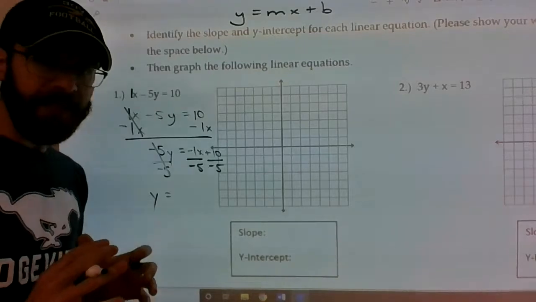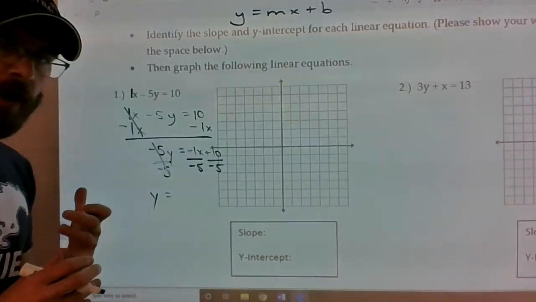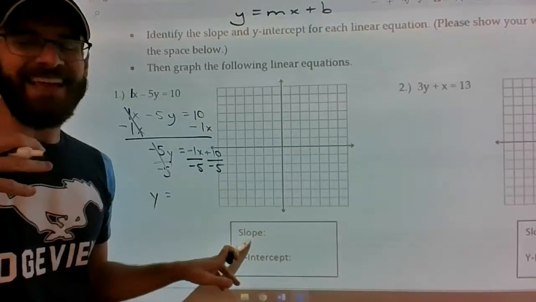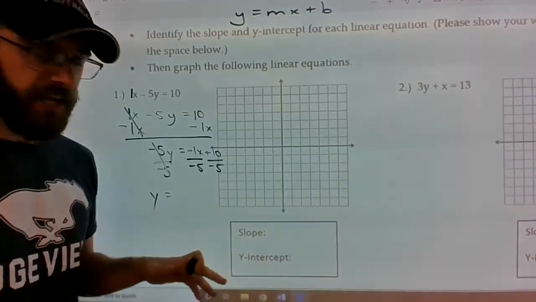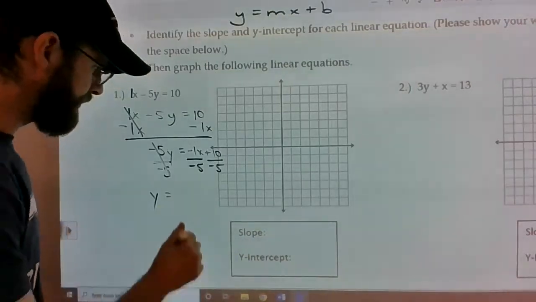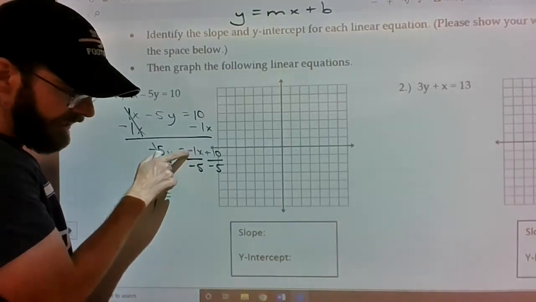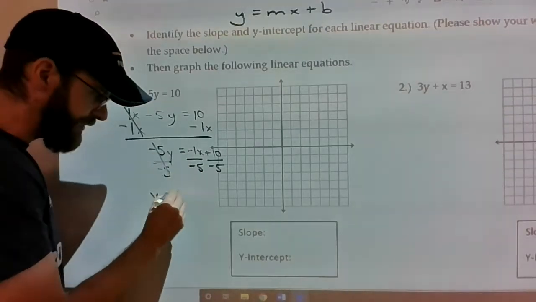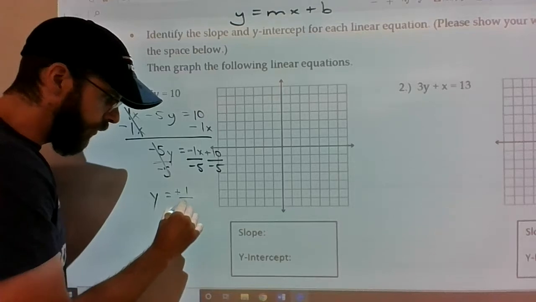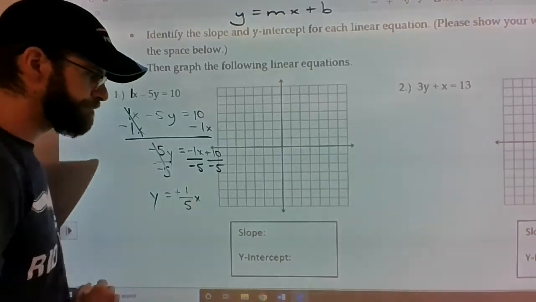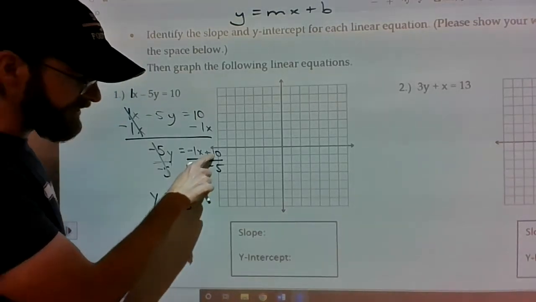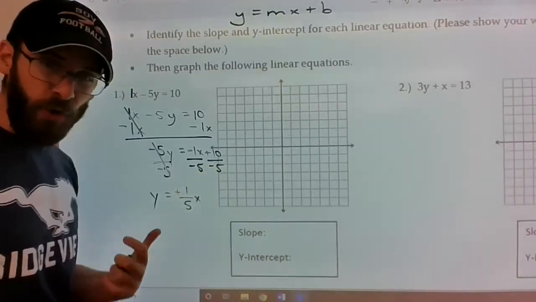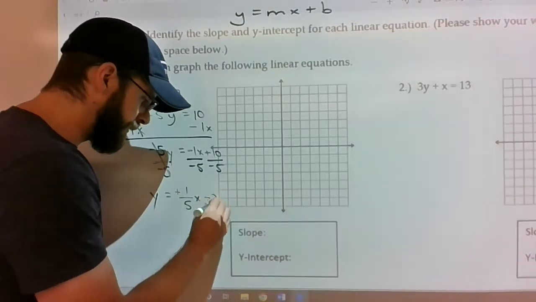There's no need to make it a decimal because, remember, slope is a rise over run. It's a rate of change. Fractions are good, so I'm going to keep it as is, and I'm going to eliminate the negatives, because a negative divided by a negative yields a positive 1/5 x. Then I'm going to take positive 10 divided by negative 5. That's a whole number. It's negative 2.